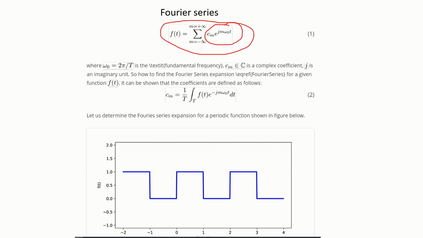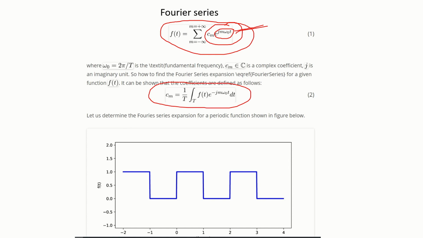c_m are coefficients which are calculated using equation 2, and this term can be represented as a sum of sines and cosines.